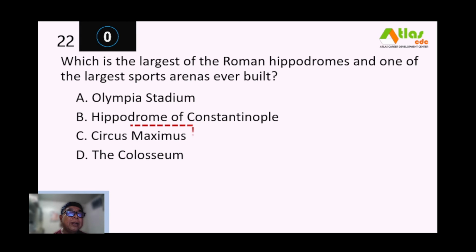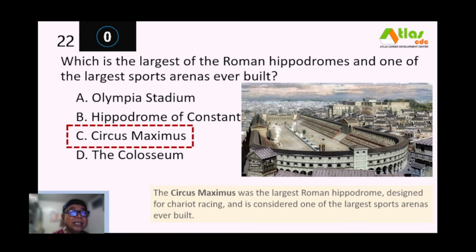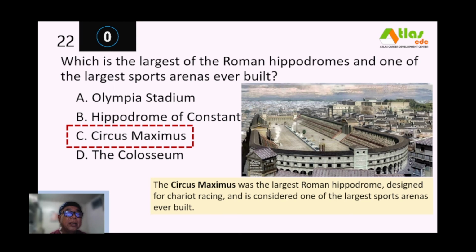And our correct answer is letter C, Circus Maximus. So the Circus Maximus was the largest Roman hippodrome designed for chariot racing. It's considered one of the largest sports arenas ever built. So this is just a computer-generated image of what Circus Maximus looks like.